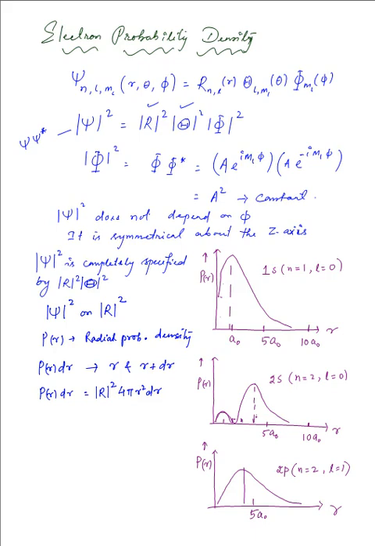Now the graph of P(r) versus r has been provided for 1s, 2s and 2p, as I said earlier, and this is for hydrogen atoms, Z equal to 1.